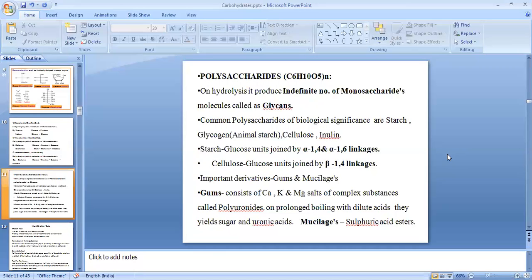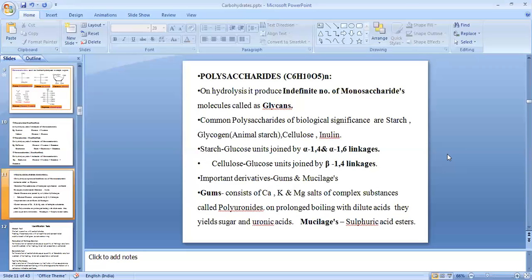The commonly occurring polysaccharides of high biological value are starch, which is synthesized by plants, and glycogen, an animal starch. It is the storage form of glucose in the liver and other parts of the animal cells. Also cellulose and inulin.